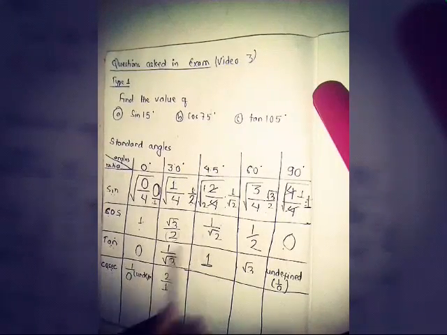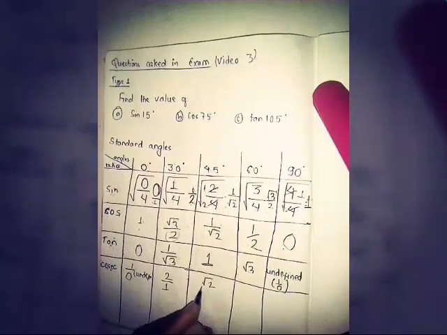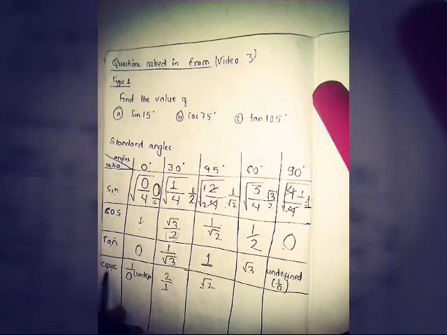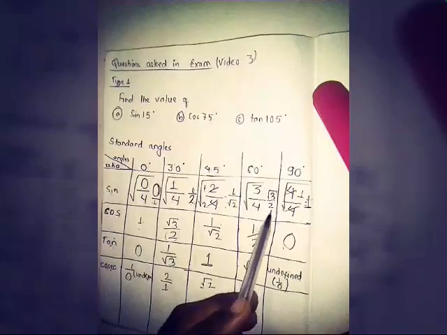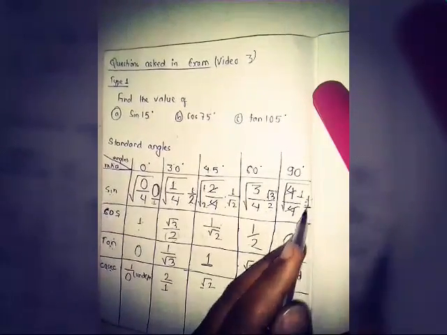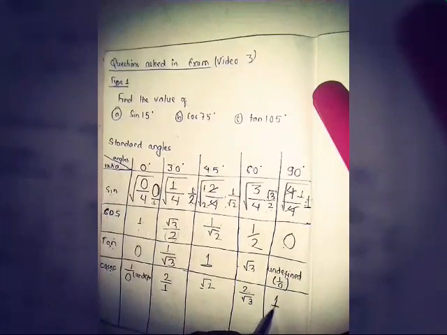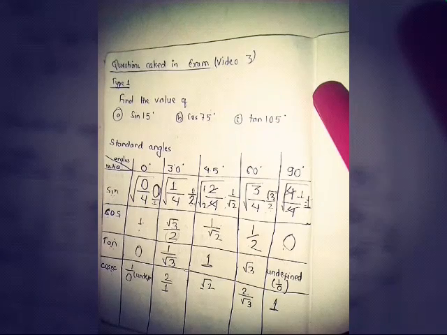Similarly cosec 45, 1 by root 2, will be root 2 by 1, so 1 is not necessary to write. Similarly cosec 60 degrees: this is root 3 by 2, so it will be 2 divided by root 3. And this is 1, so this will also be 1. In this way we can find the values of the standard angles, and once we know those, we can find the values of other angles.